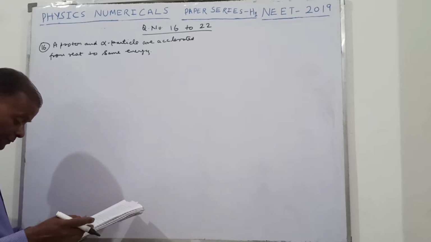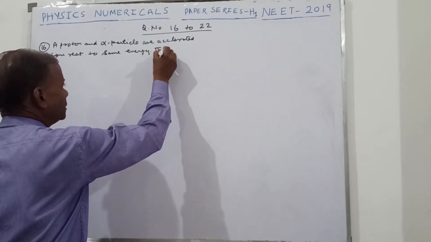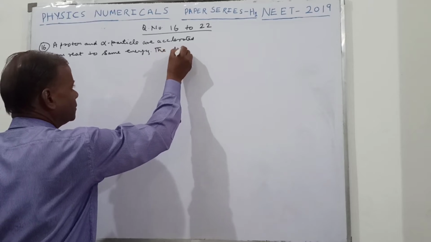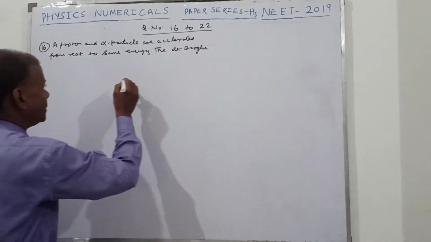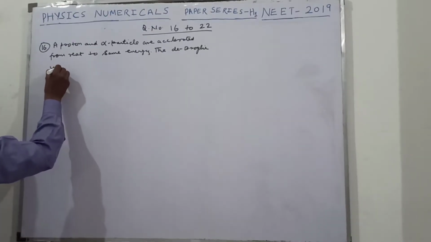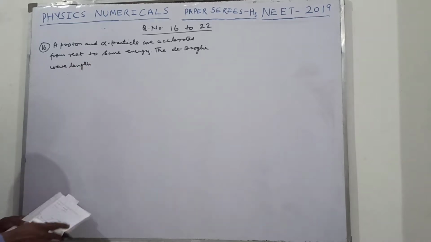The de Broglie wavelength, lambda p and lambda alpha, are in ratio.